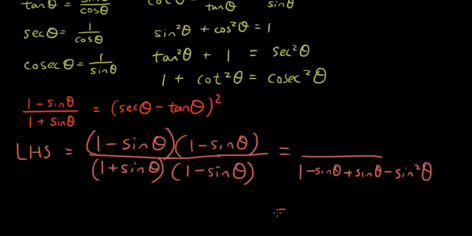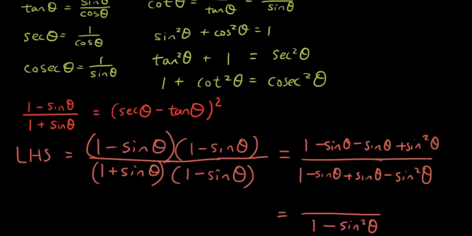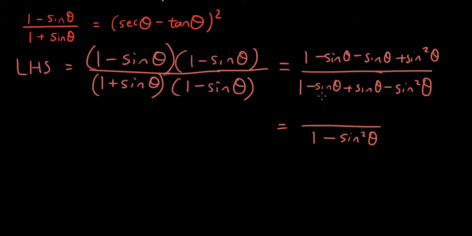So then the denominator becomes 1, minus sine theta plus sine theta cancels to 0, so the denominator becomes 1 minus sine square theta. And now let's work on the numerator. If I expand the numerator, I get 1 minus sine theta minus sine theta plus sine square theta. So the numerator becomes 1 minus 2 sine theta plus sine square theta.